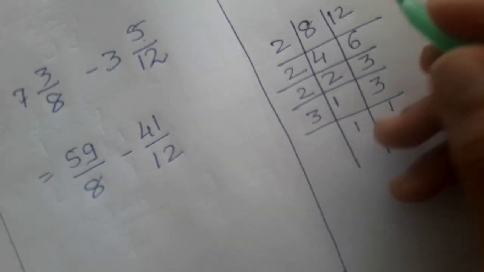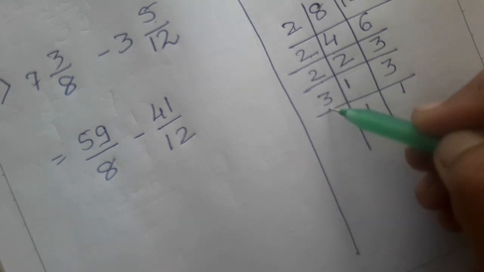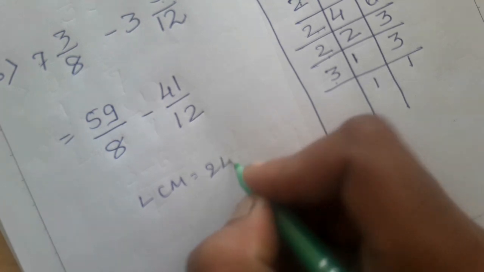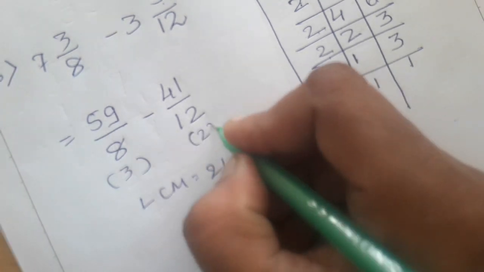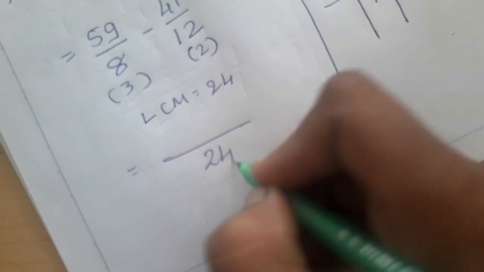So what is your LCM? 3 times 2, that is 8, 3s are 24. Write your LCM is 24. Now 8 3s are 24 and 12 2s are 24. Right?